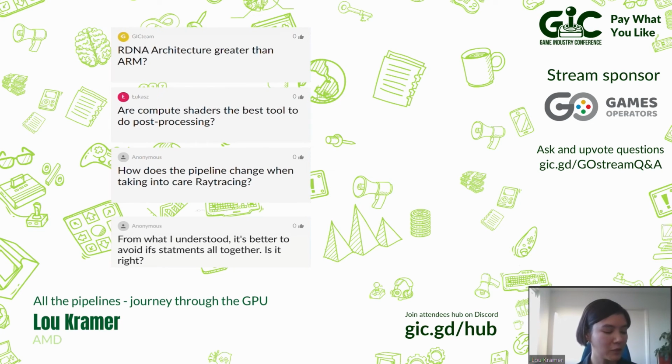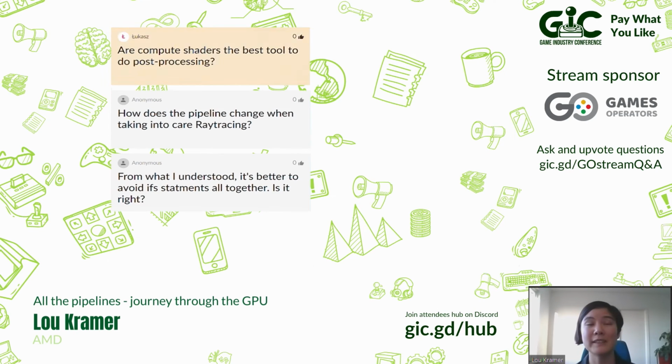Is compute the best tool to do post-processing? I'm always careful to say the best because it depends on a lot of different things. But in general, I usually recommend using compute shaders for post-processing. For example, if you have your complete post-processing on compute shaders, you could place it on the async queue, which I haven't talked about in this talk.